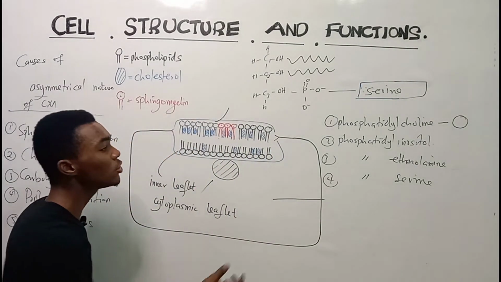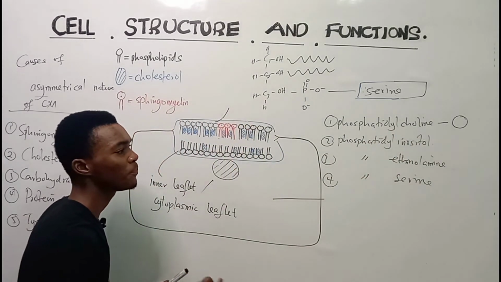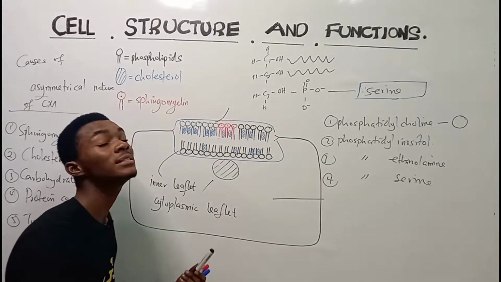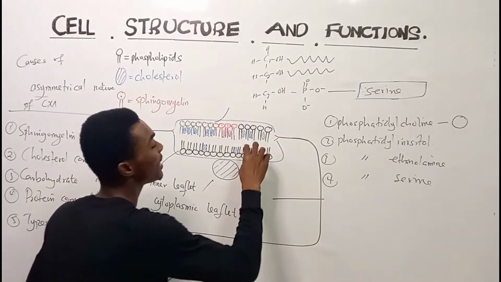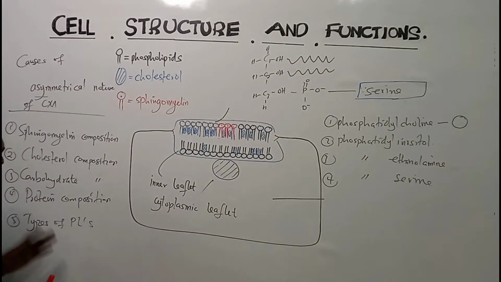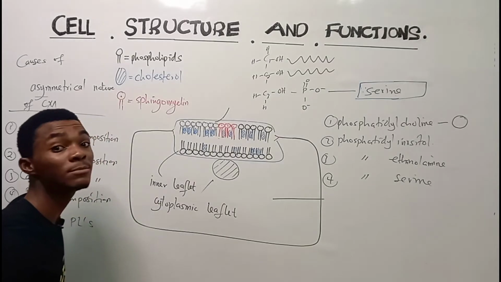Now we know that only phosphatidyl choline is predominant in the outer leaflet, but phosphatidyl inositol, ethanolamine, and serine are the predominant phospholipids found in the inner leaflet of the cell membrane. So guys, basically we have 5 important reasons why the outer and inner leaflets of our cell membrane structure are asymmetrical.